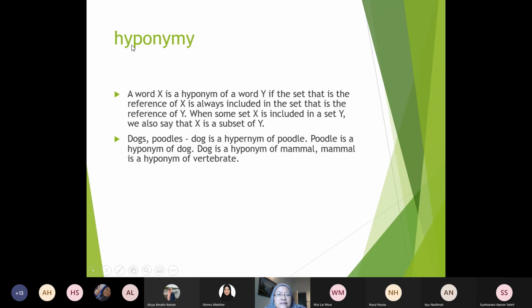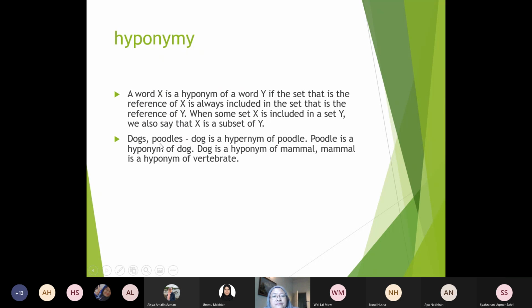One of these is hyponymy, and hyponymy is a relation where a word X is a hyponym of a word Y if the set that is the reference of X is always included in the set that is the reference of Y. When some set X is included in a set Y, we also say that X is a subset of Y.